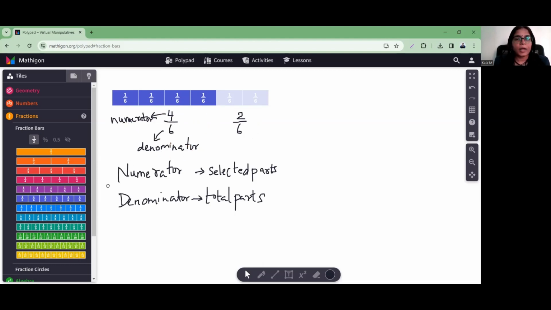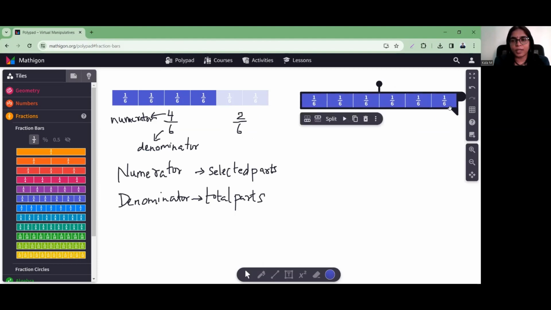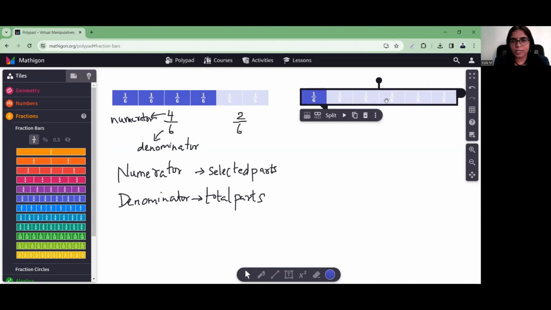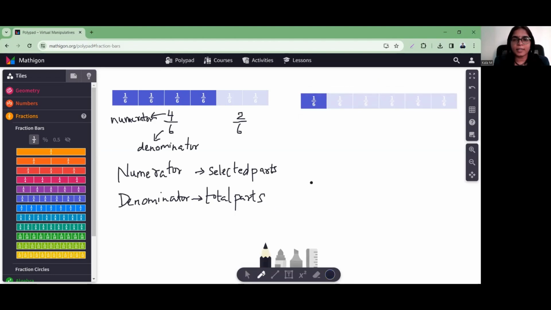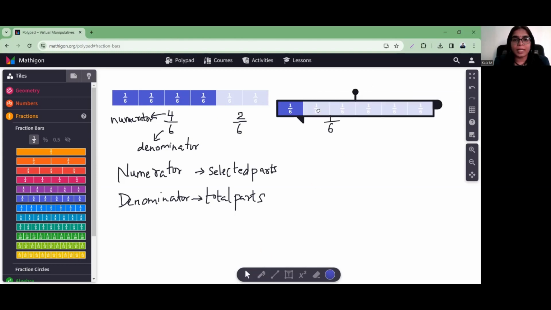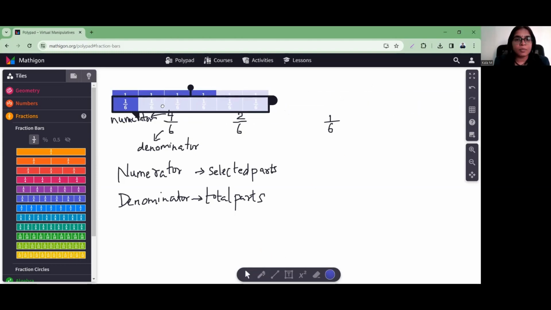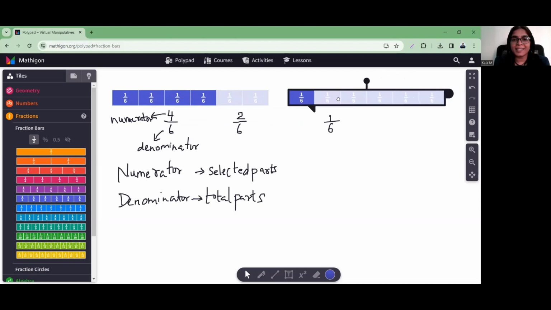Now if I take one more different thing and say 1/6, this is 1/6, no? How do we write it? We write it as 1/6. Now if you see, these two are looking like each other. This is also blue, this is also blue, and the shape and size of each part is also the same. Shape and size, everything is the same, right?